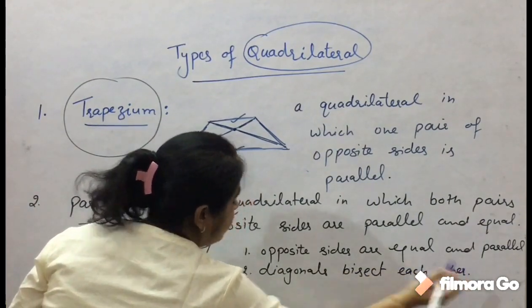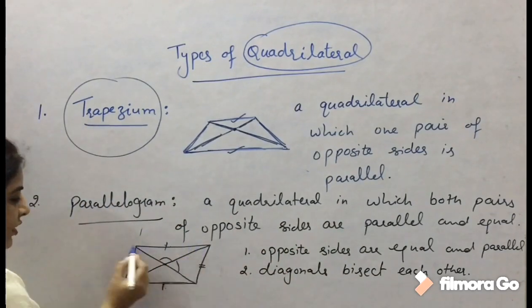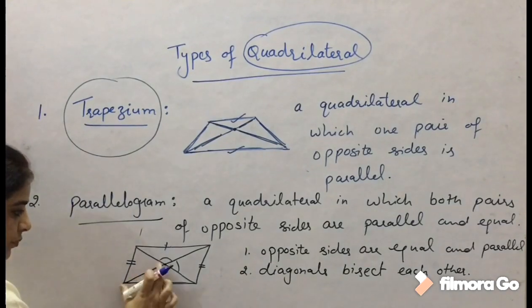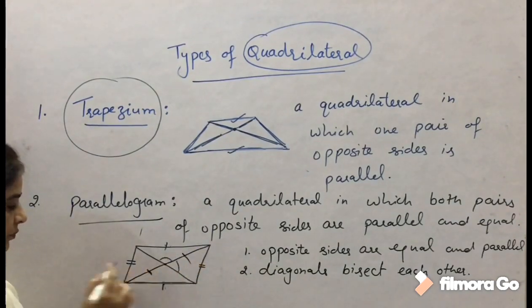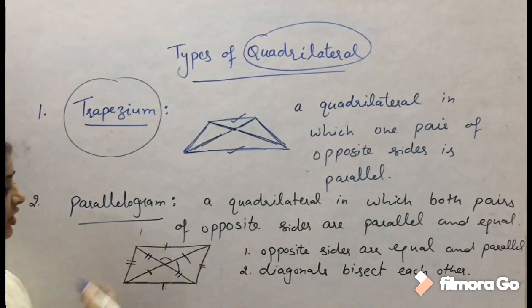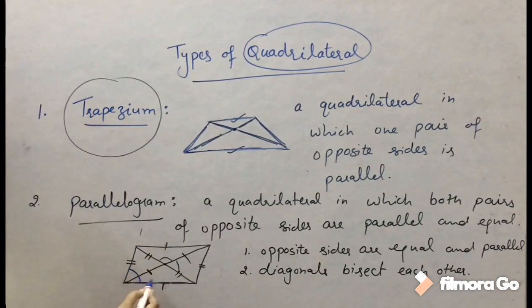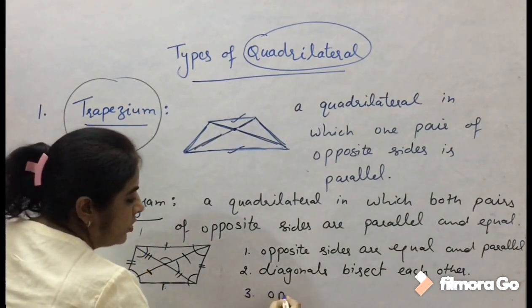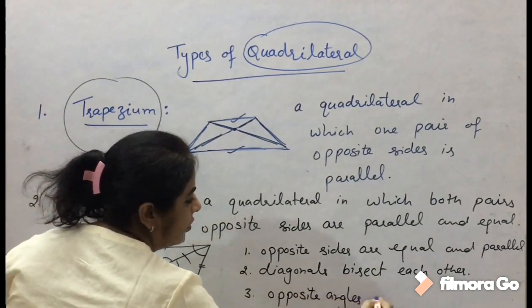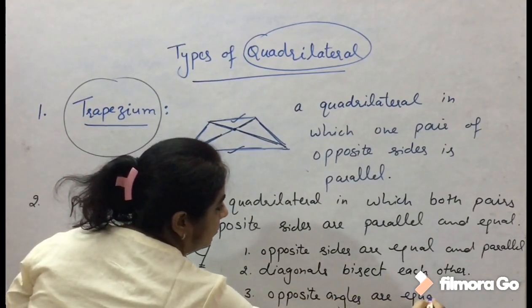This is the diagonal, this is the second diagonal meeting at this point. This portion is equal to this portion and this portion is equal to this portion. It means diagonals bisect each other. These are called the four angles. By activity, we observe that opposite angles are equal.